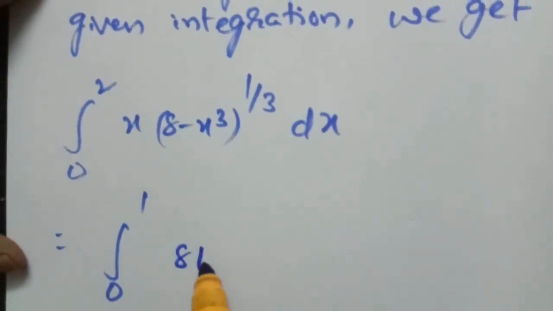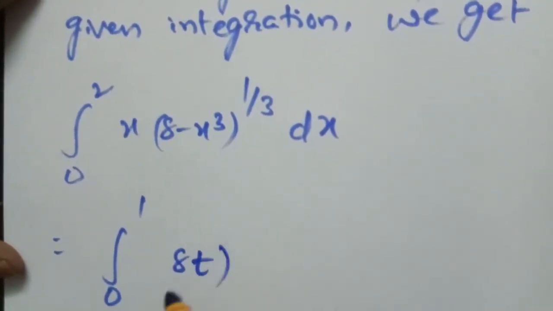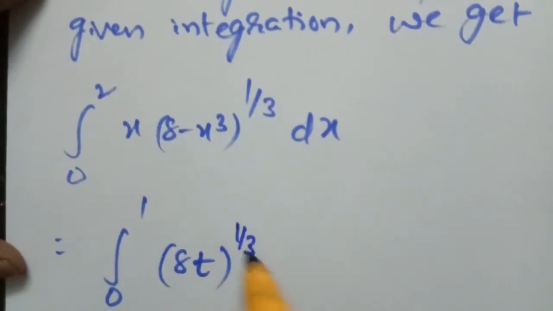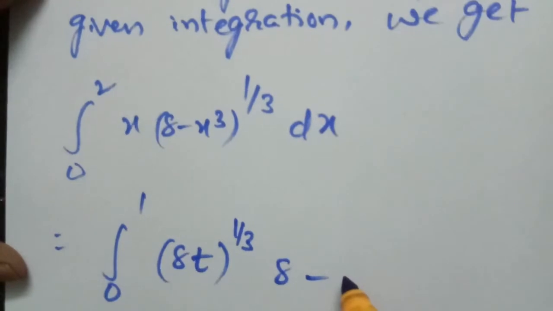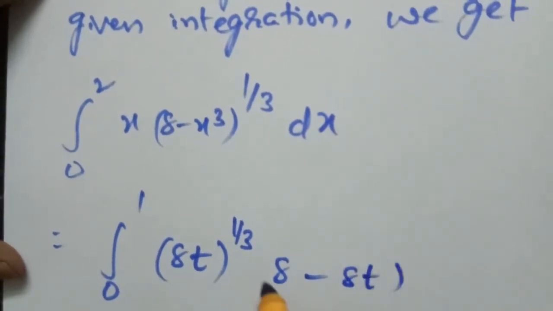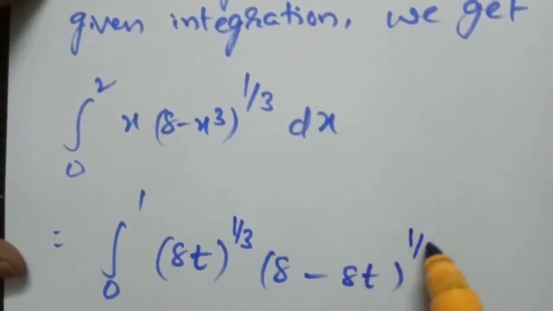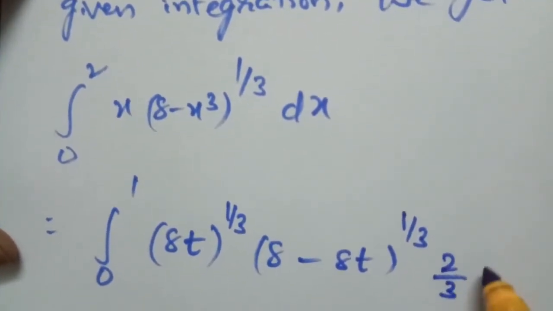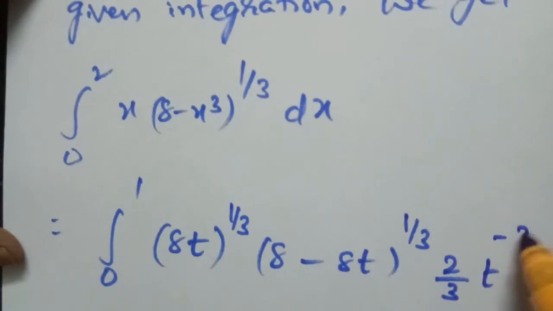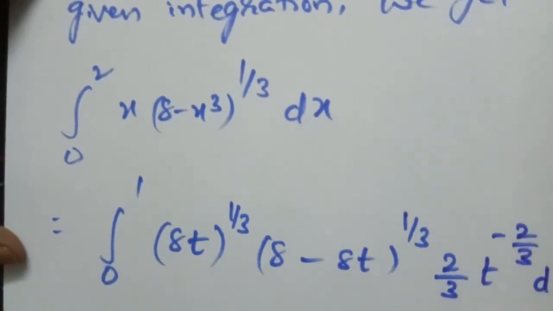Already we have shown x is 8 into t whole to the power of 1 by 3, into 8 minus x cube is equal to 8t. We assumed that whole to the power of 1 by 3 dx is equal to 2 by 3 t to the power of minus 2 by 3 into dt.